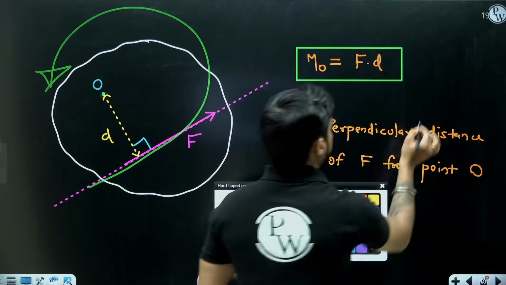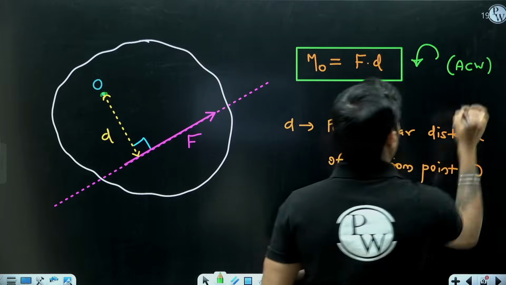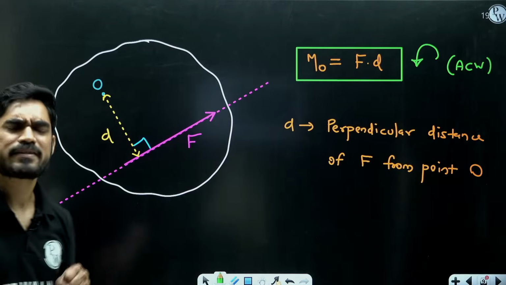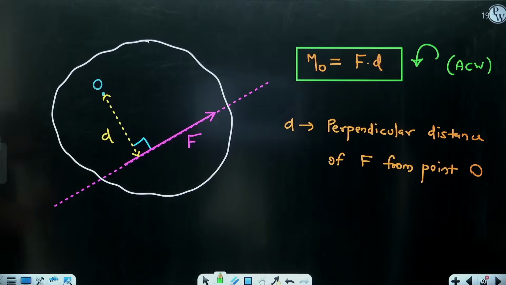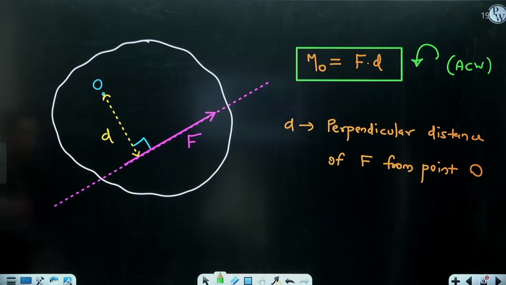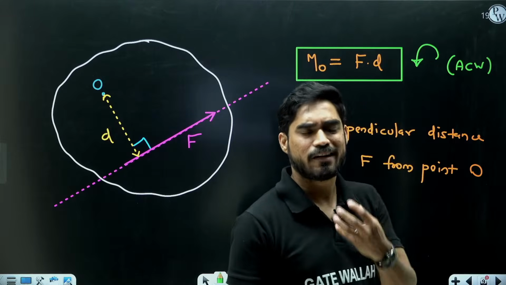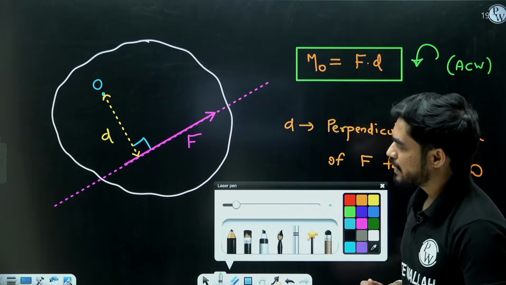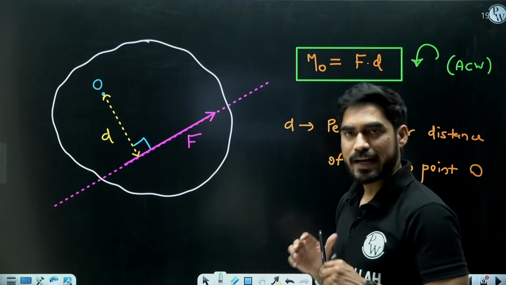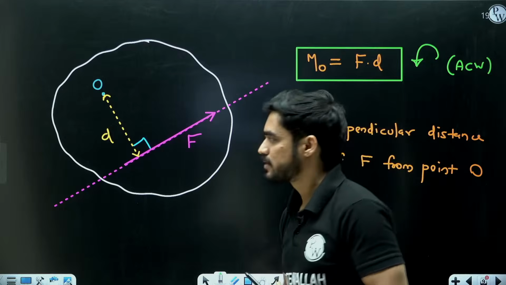This is acting anti-clockwise. Now how do we find the sense? A lot of people get confused how to find the sense of the moment, whether it is clockwise or anti-clockwise. For some people it is difficult to imagine, right? So let's understand how we can find out whether the moment is anti-clockwise or clockwise.